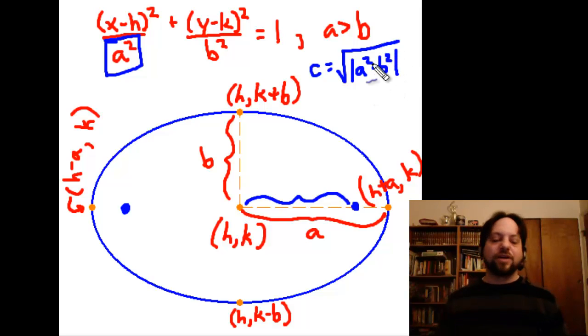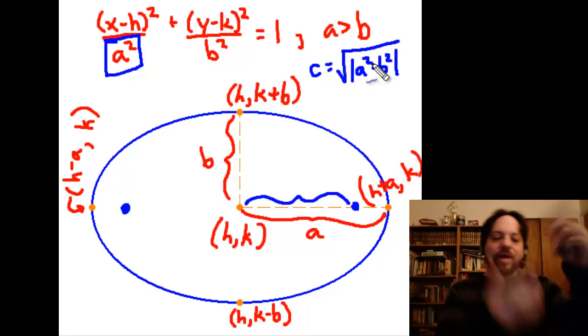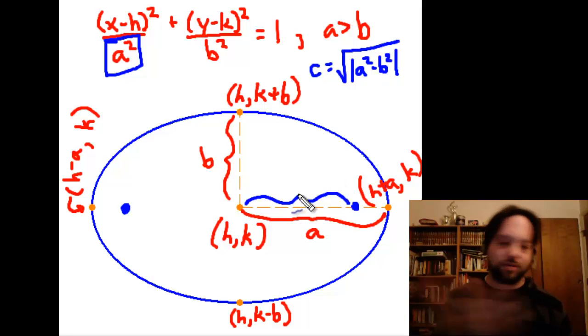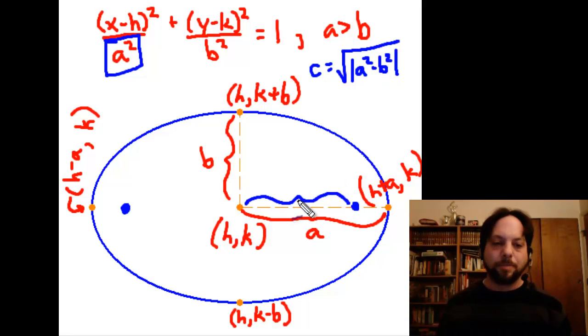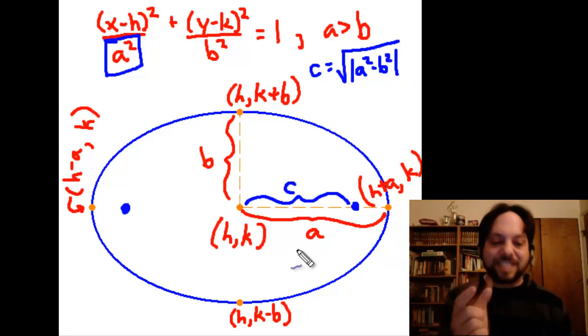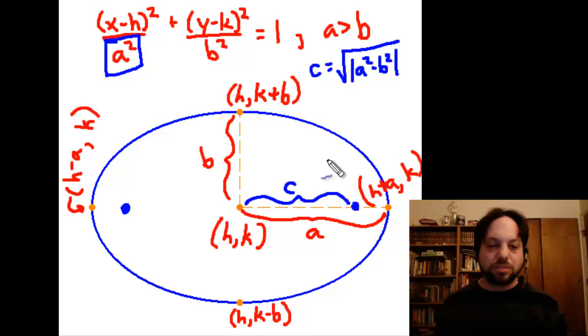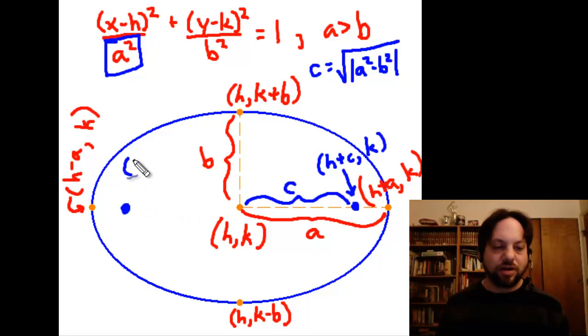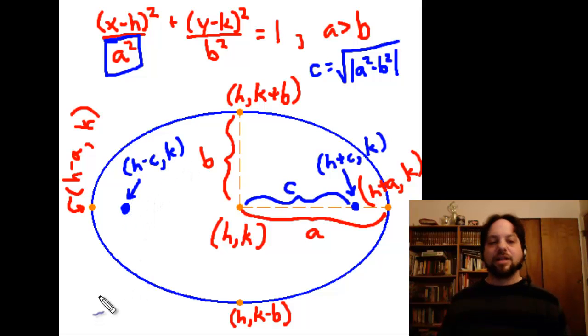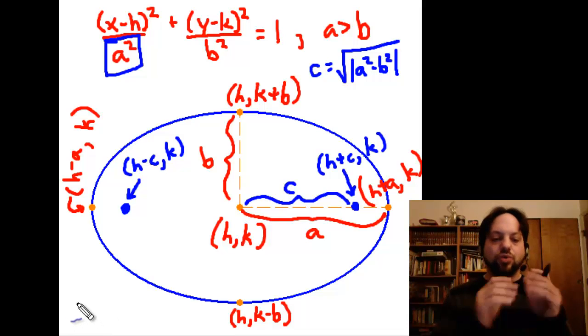The reason for the absolute value is even when the ellipse gets flipped so that it's actually going up and down, we can leave that formula for c since it's the absolute value. It doesn't matter which order we subtract them. So to find the foci, we need to understand that the foci are a distance of c from the center. And so this particular focus here will be h plus c, comma k. And this focus over here will simply be h minus c, comma k. And that's everything that we need to know in order to graph an ellipse.